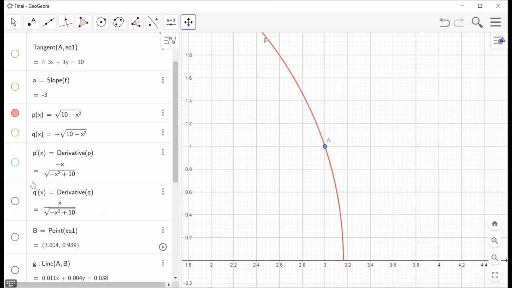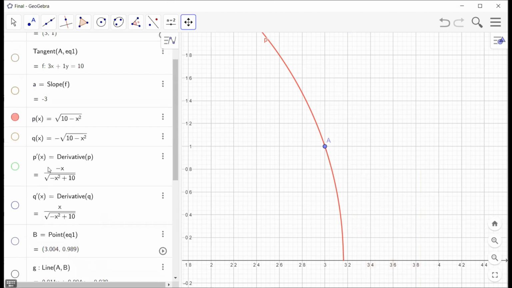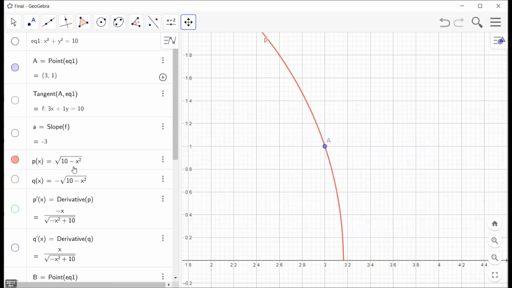Now, we can check our solution. The slope in the first case was -3, and the second case also approaching -3. What about if we have a tangent line? We ask GeoGebra to draw a tangent at A for our circle.